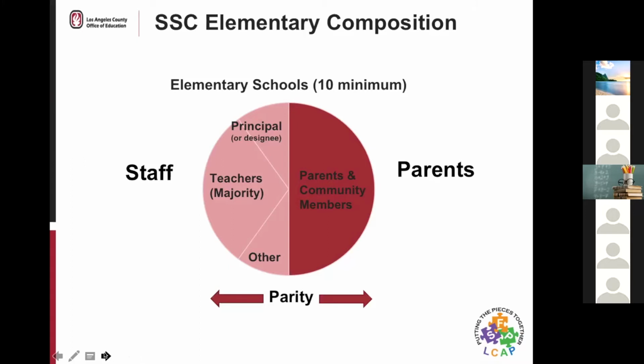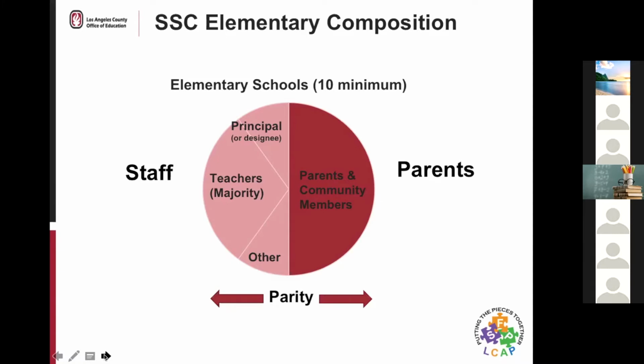The classroom teachers selected must also constitute the majority of the school staff members. Given that classroom teachers have to make up the majority of the staff members on the council, the minimum number of teachers required is 3. The other half of the school site council must be composed of parents of pupils attending the school or other members of the school community.